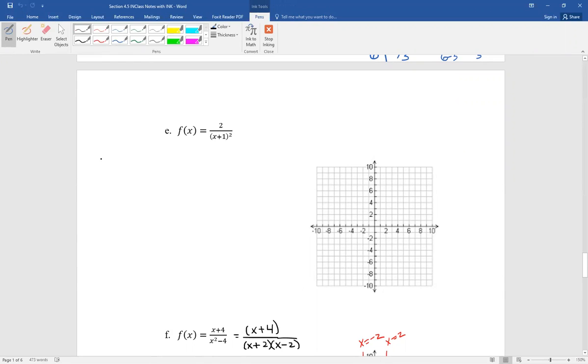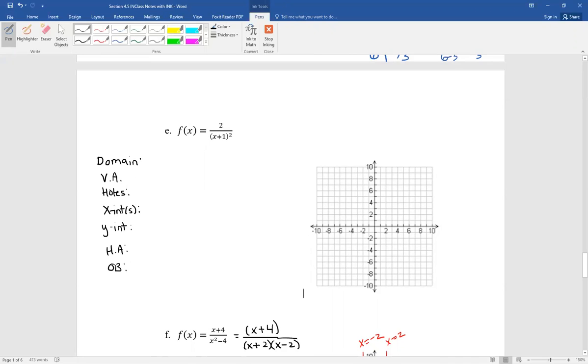That was one of the things we wanted to know. We want to know if there are vertical asymptotes, if there are holes, if there are x-intercepts, if there's a y-intercept, a horizontal asymptote, or an oblique asymptote.